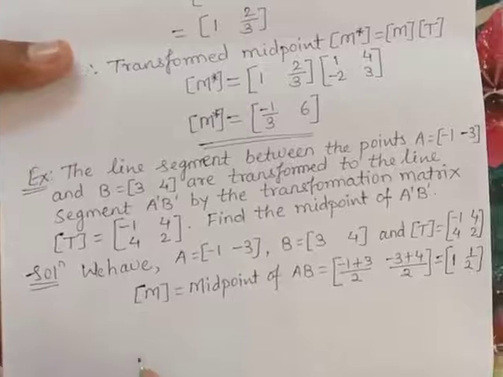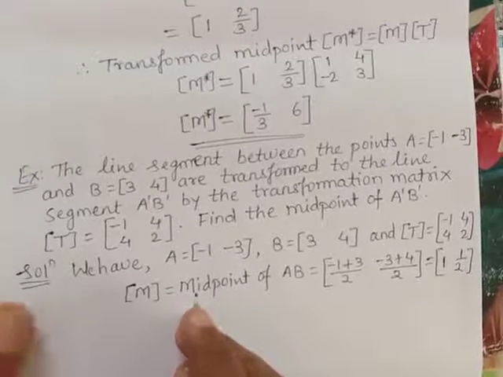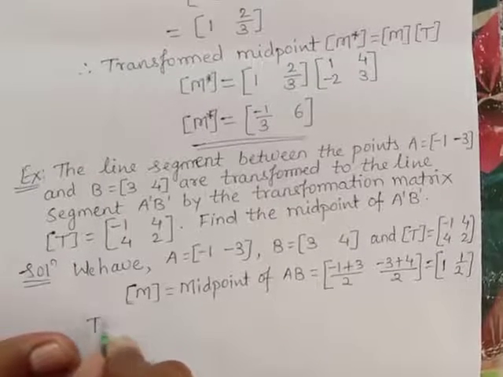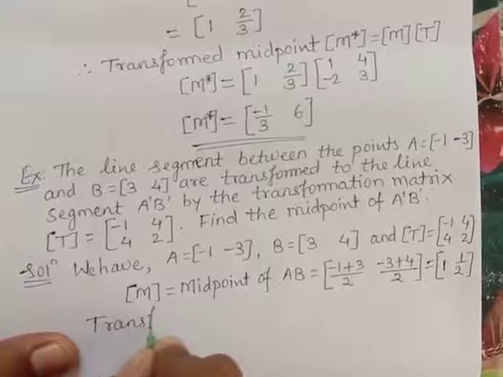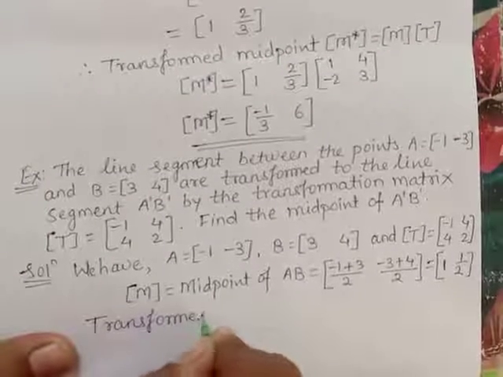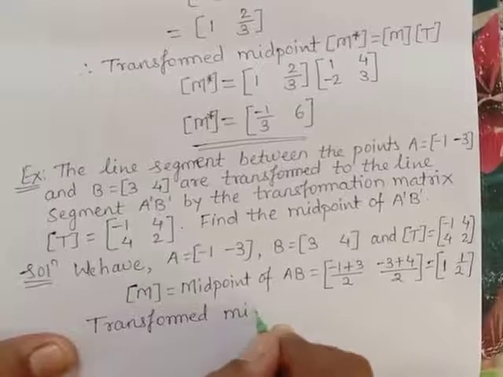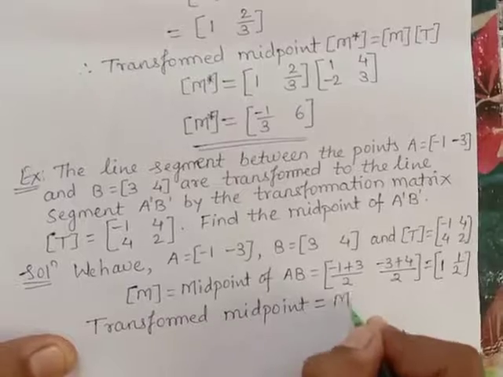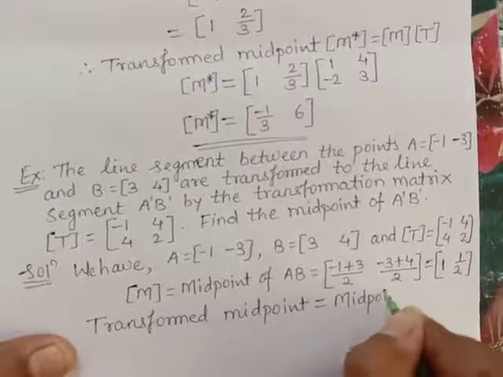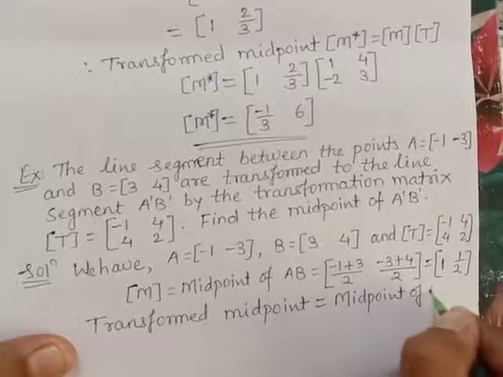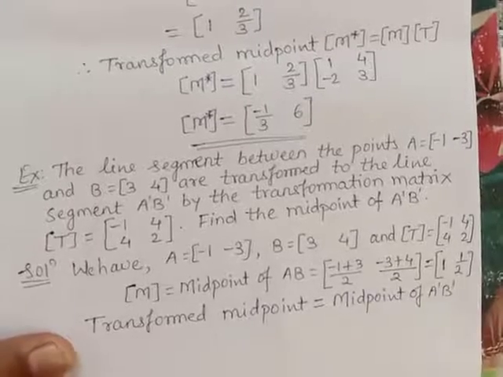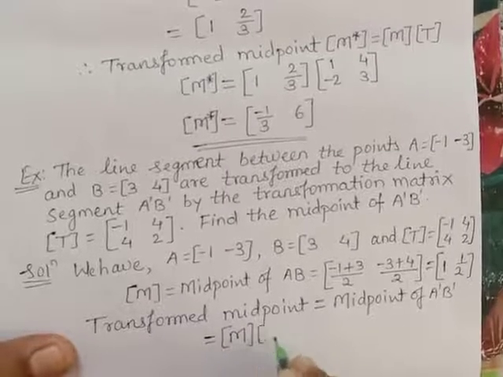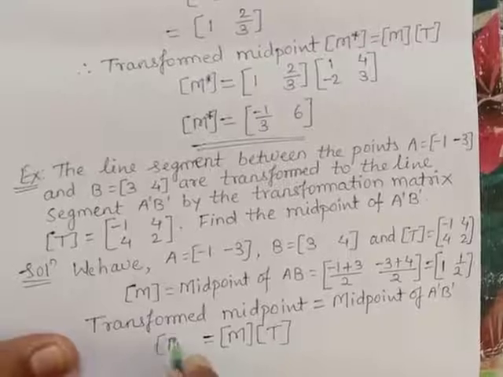Now the transformed midpoint is simply obtained by applying this T on M. The transformed midpoint, or the midpoint of A dash B dash, is M into T. This is M star.